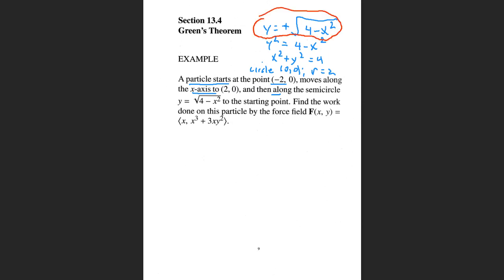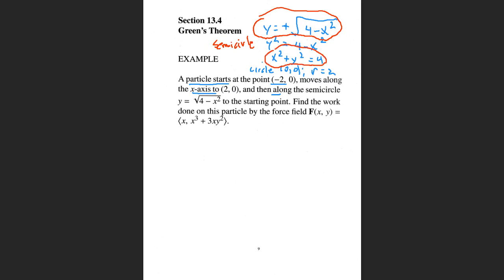All I'm trying to do is, when they say here's the semicircle, that's half of a circle. What's the radius? What's the center? If you square both sides, you show that this semicircle comes from a circle of radius 2 centered at the origin.